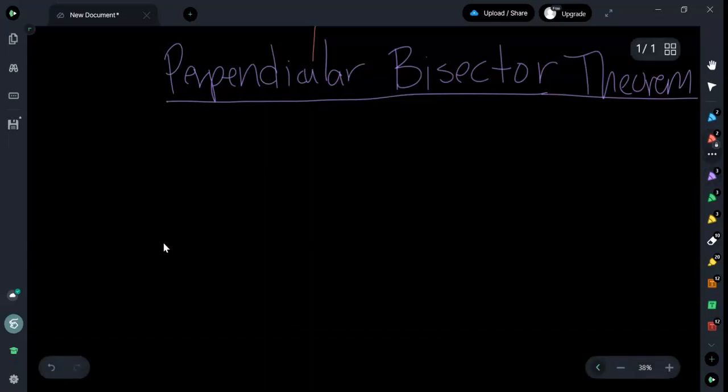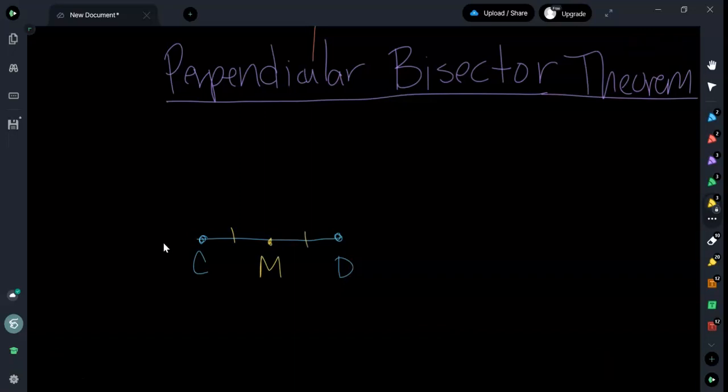So let's draw our picture again. I'm going to draw a segment and call this segment CD. I'm going to draw my midpoint for my segment, put it in the middle, and put my little marks to show that those are congruent segments. CM is in fact congruent to MD. So I'm going to draw the perpendicular bisector.